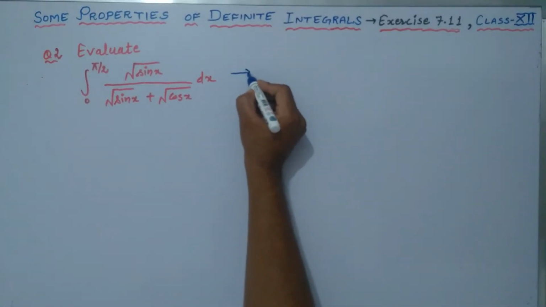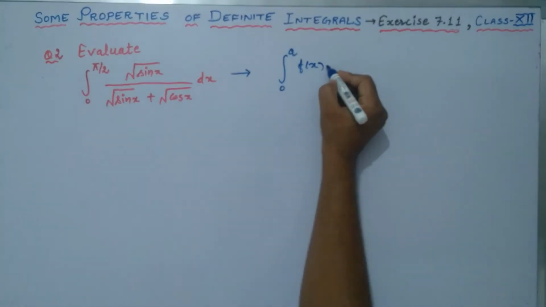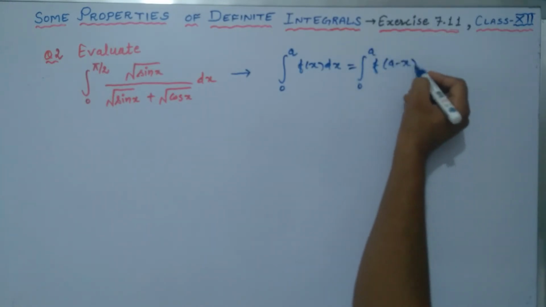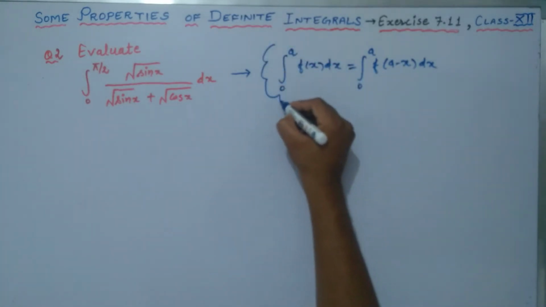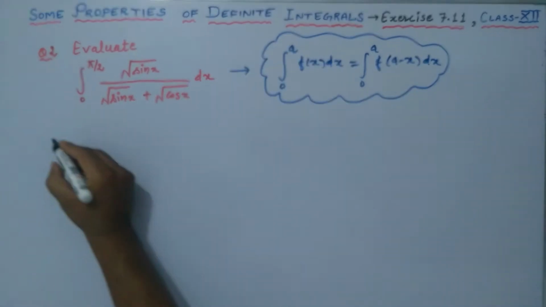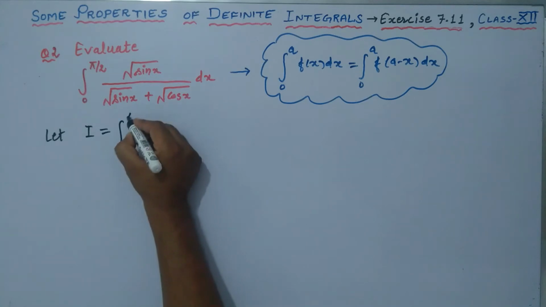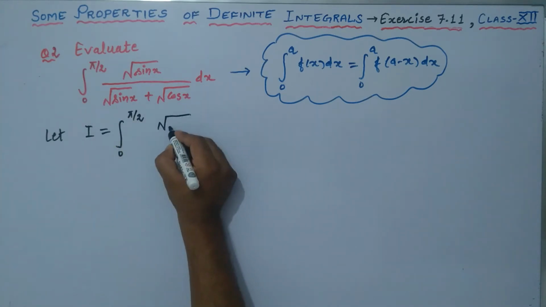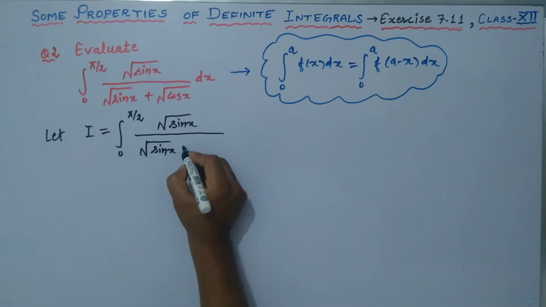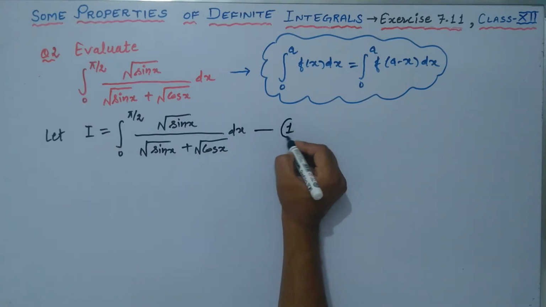First of all, again the same property will be used here: the integral from 0 to a of f of x dx can be written as the integral from 0 to a of f of a minus x dx. So let the whole question be I is equal to the integral from 0 to pi by 2 of square root of sine of x divided by square root of sine of x plus square root of cos of x dx. Say this is equation number 1.